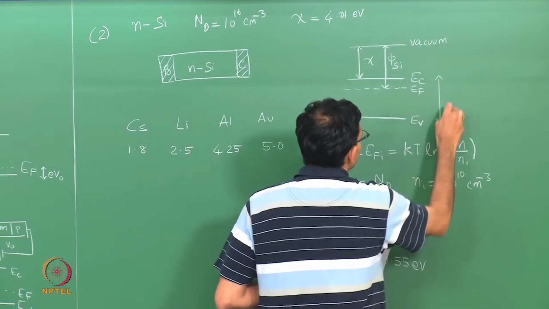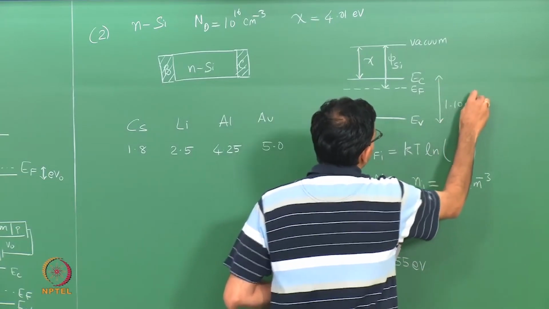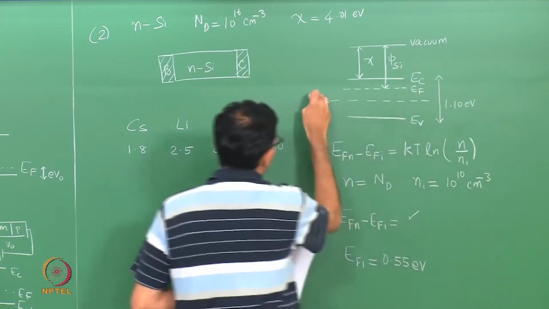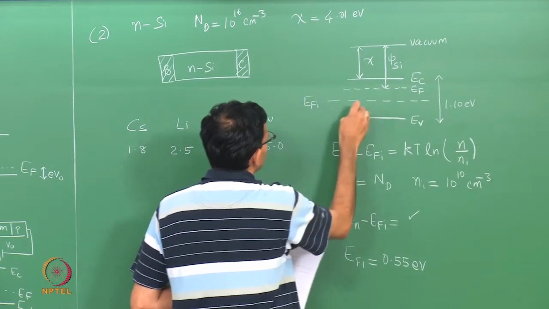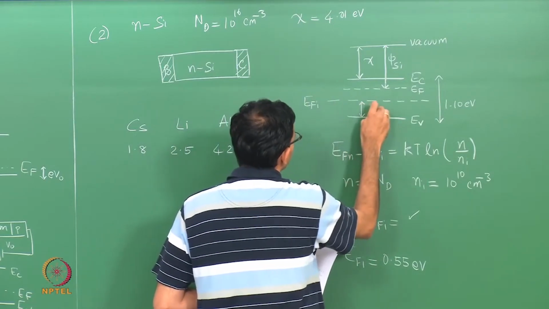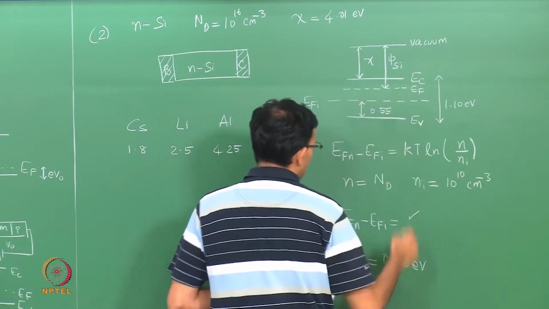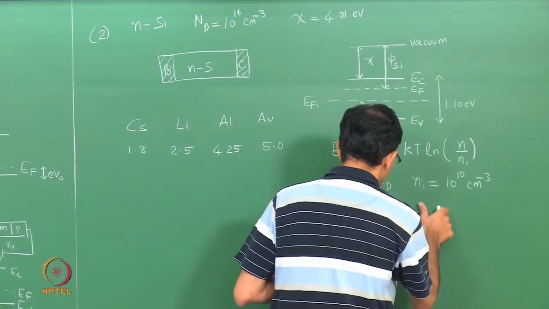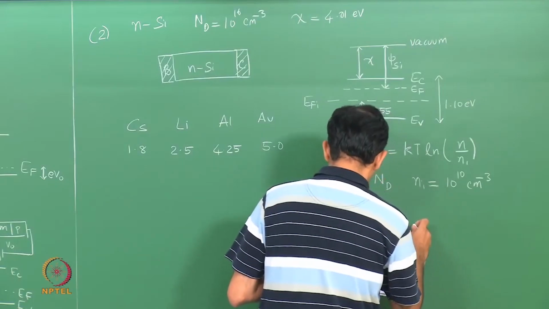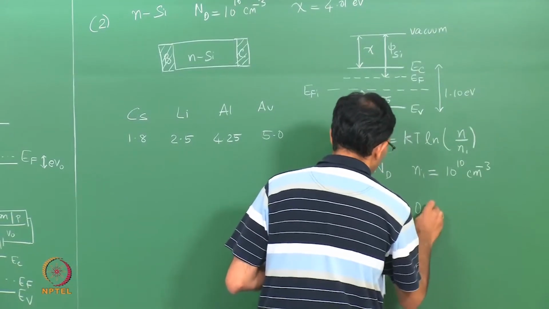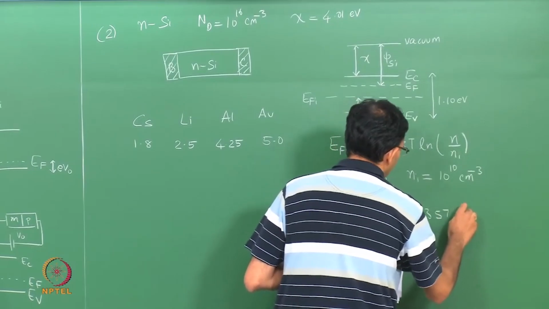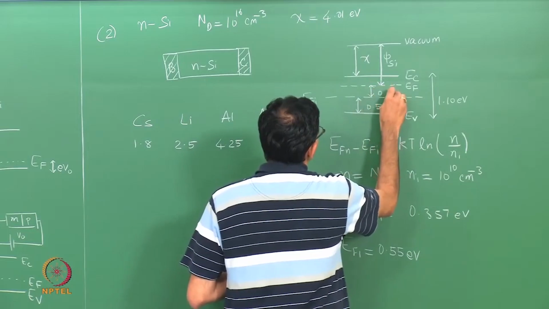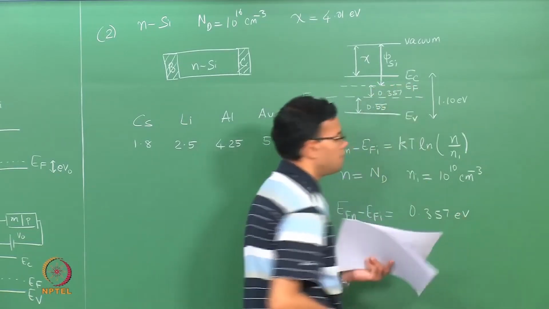So, this whole thing is 1.1 eV. EFI is given to be the center of the band gap and this is 0.55. This distance is also known and the value for this is 0.357.